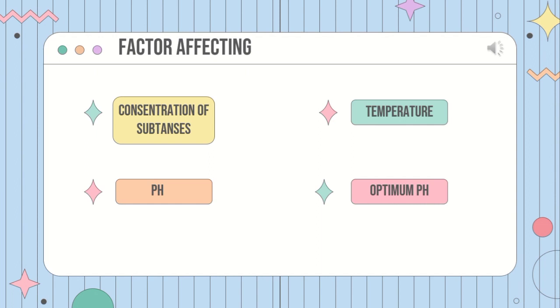B. Temperature affects the work of enzymes. First, the higher the temperature, the kinetic energy of the substrate and enzyme increases, making it easier for them to bind to each other. 2. Enzyme activity increases at optimum temperature, or maximum temperature, about 40 degrees Celsius. 3.